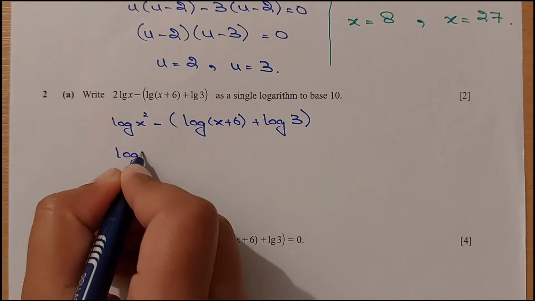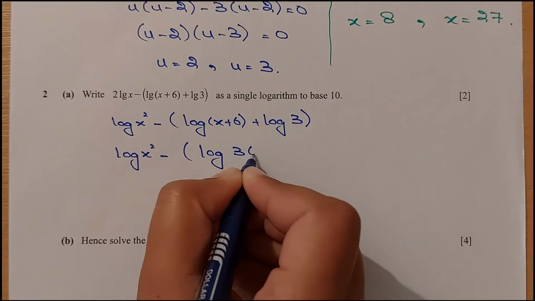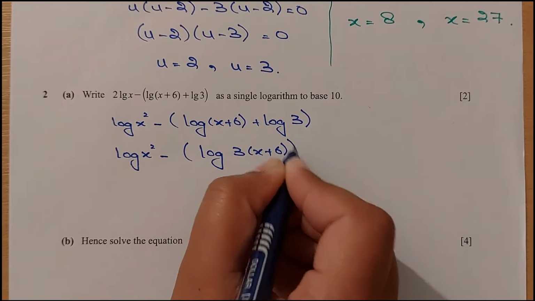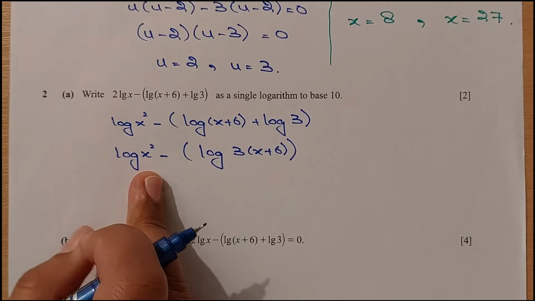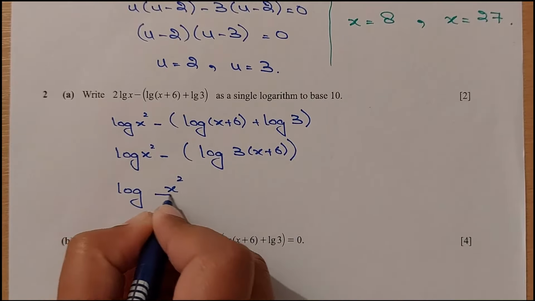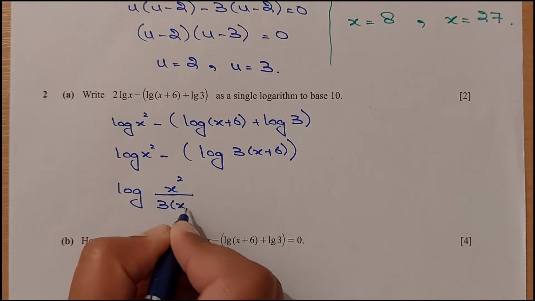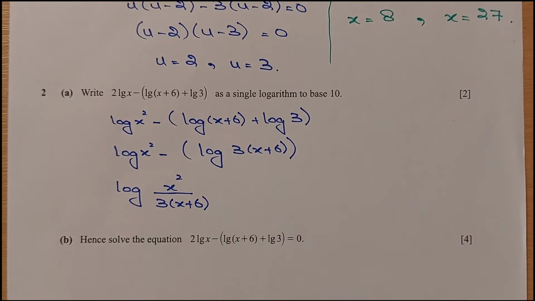So log x squared minus log 3 times x plus 6. Right. Now the two logs are in subtraction, so we need to do the division. So log x squared divided by 3 into x plus 6. So we have expressed this as a single logarithm to the base 10.